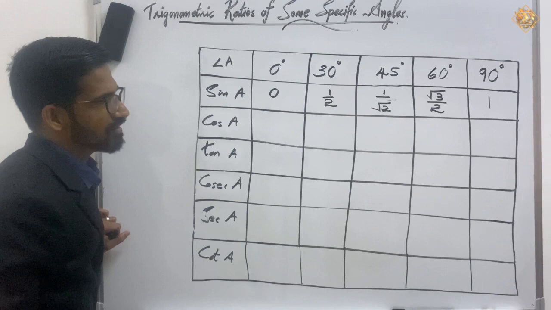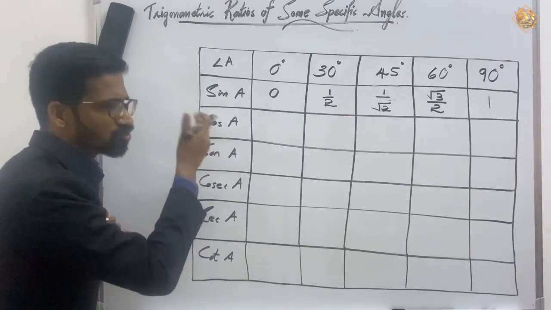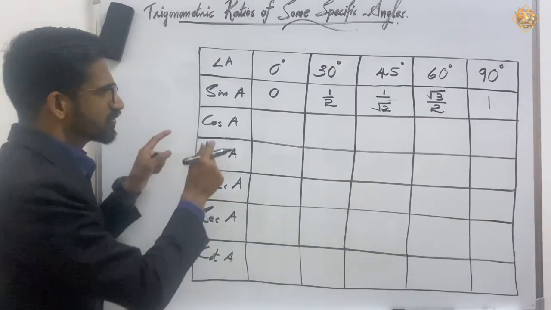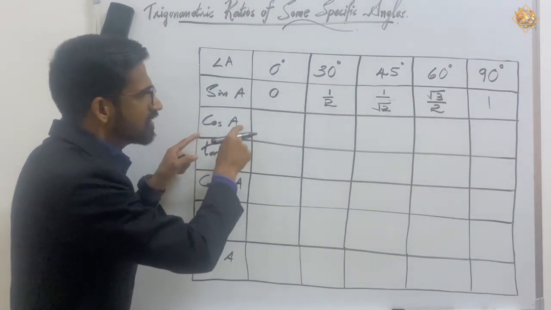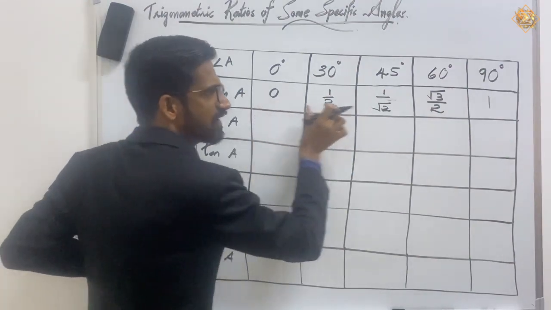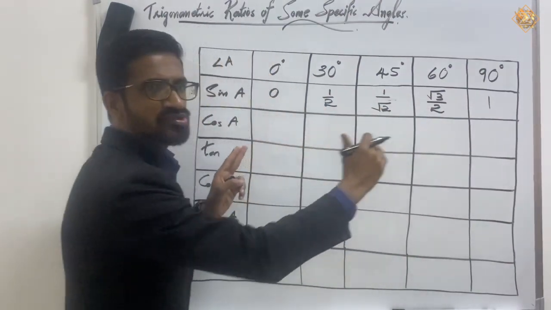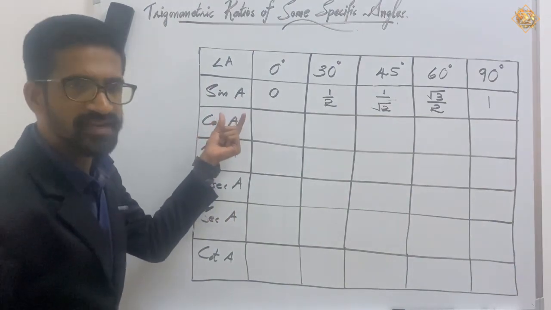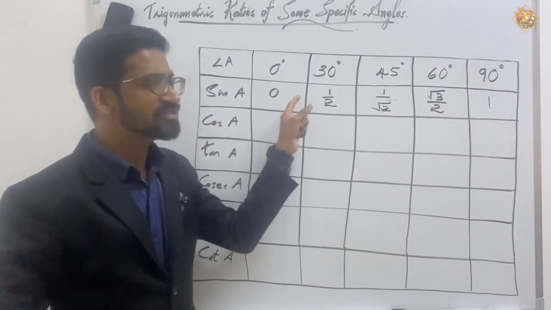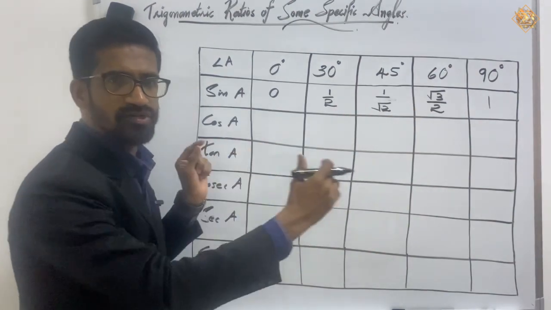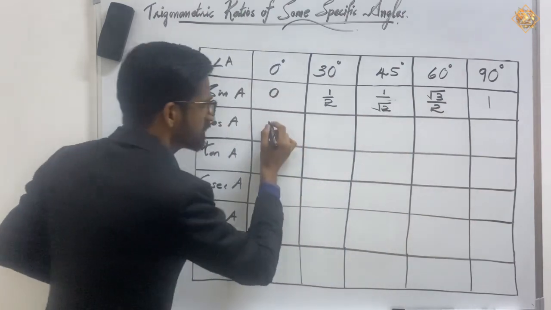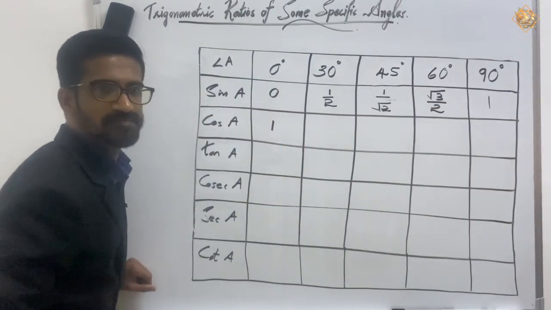Now to get the values of cos A, just listen here students, we will use the values of sine A. How? We will write the values of sine A in the reverse order. The last value of sine will be the first value of cos.